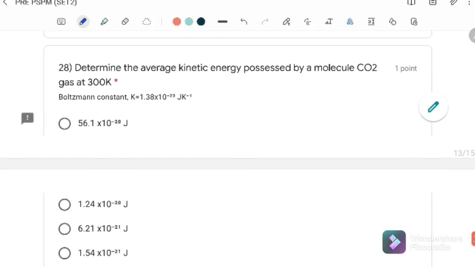Question number 28, still chapter 13. Determine the average kinetic energy possessed by the molecule CO2 at the temperature of 300 Kelvin. The average kinetic energy equation is f over 2 kT, where CO2 is actually polyatomic.